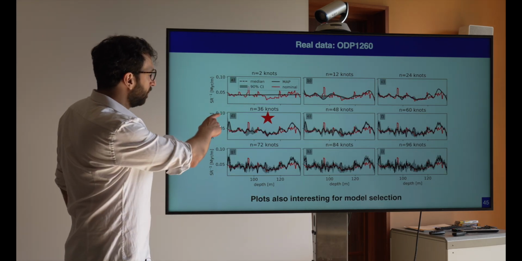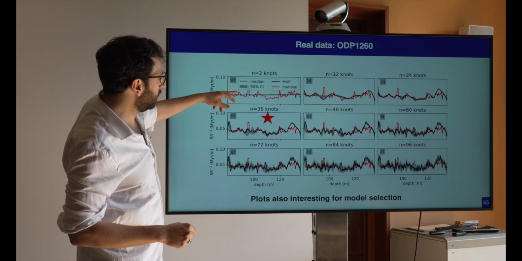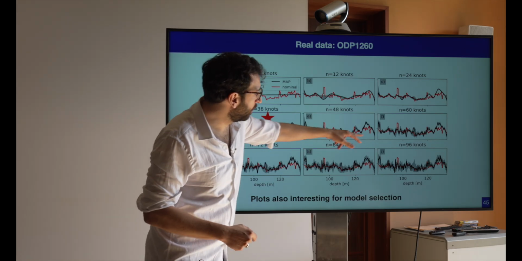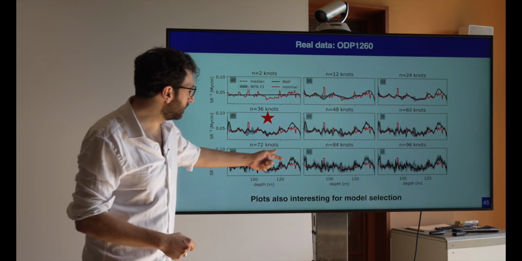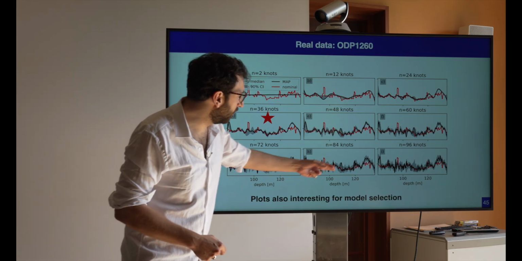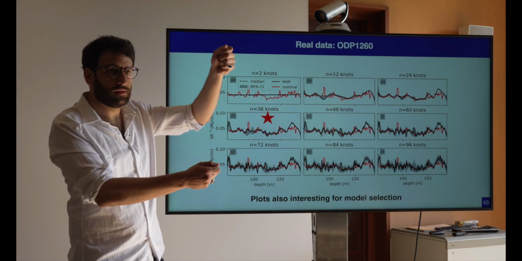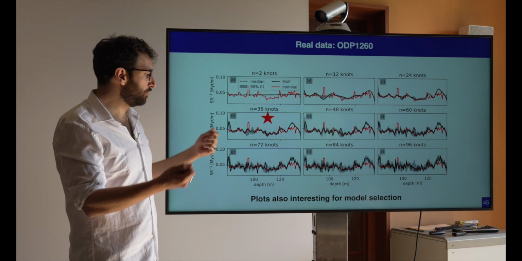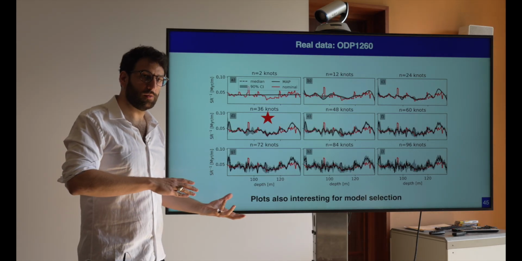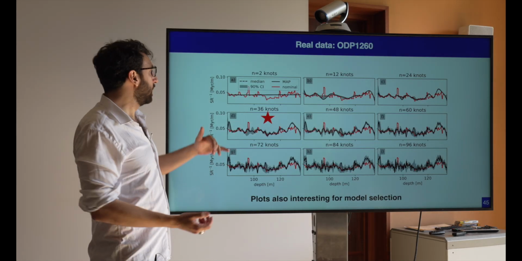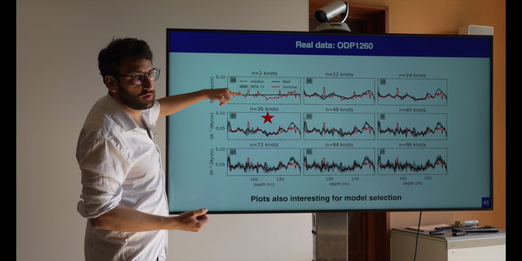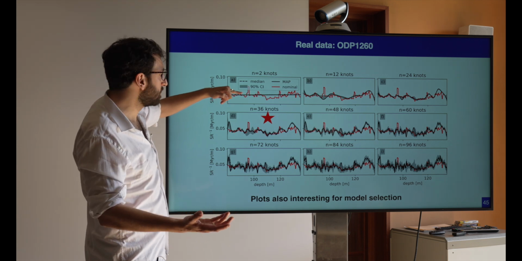This is even clearer on this plot. At some point, the results start looking very similar, but just the error bars increase. This is an illustration of the trade-off between simplicity and complexity. Here, very simple model, very simple error bars, but very biased.